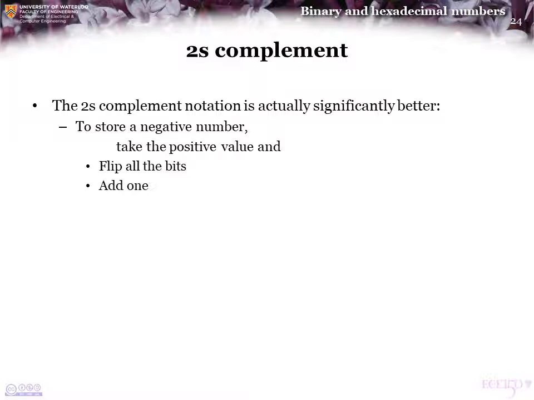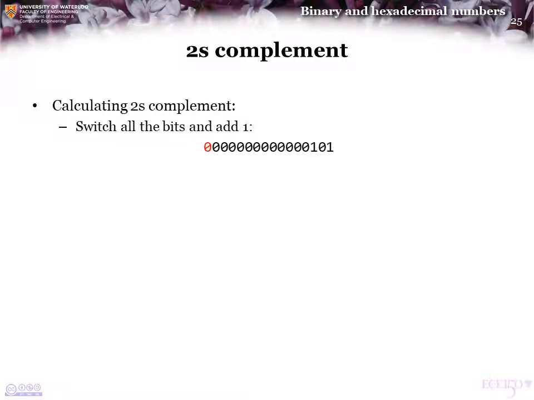The 2's complement notation is actually significantly better. To store a negative number in a fixed number of bits, take the positive value, and to turn it into its corresponding negative number, flip all the bits and add 1. So, calculating the 2's complement, all we do is switch all the bits and add 1.